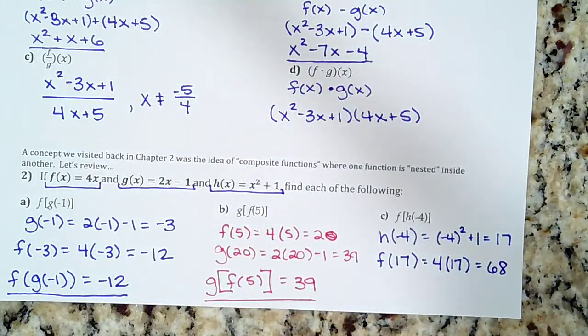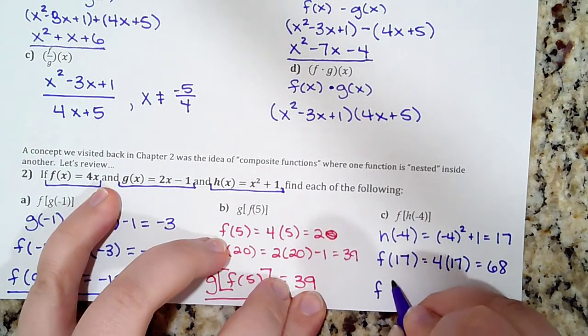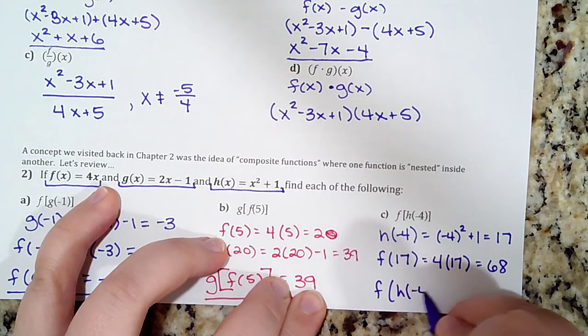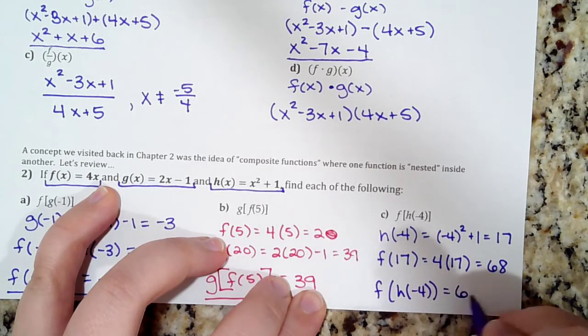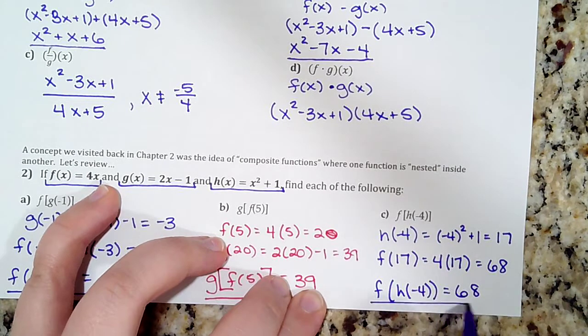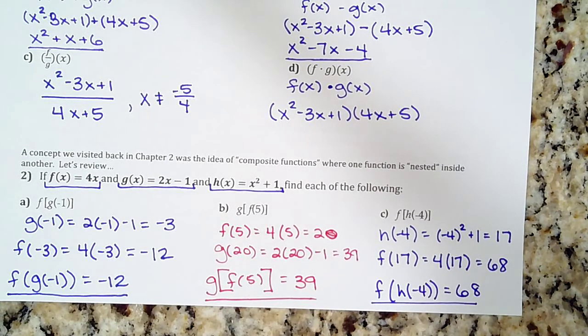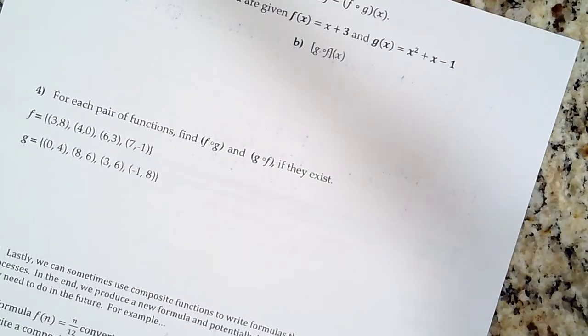So our final answer here is 68. F of h of negative 4 is 68. And there you are. Alright, let's flip over to the backside now.